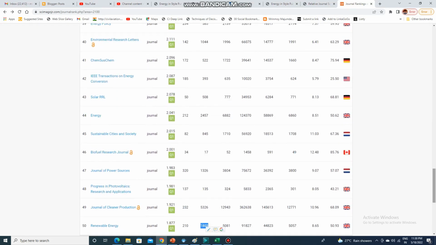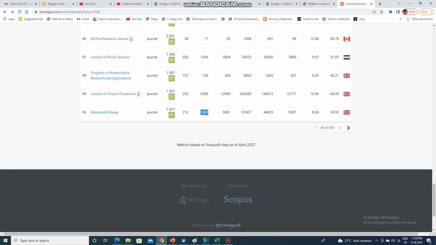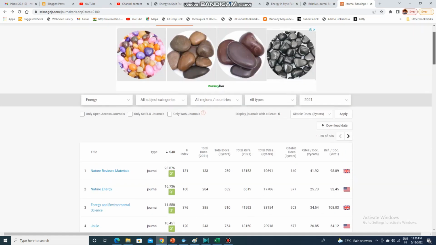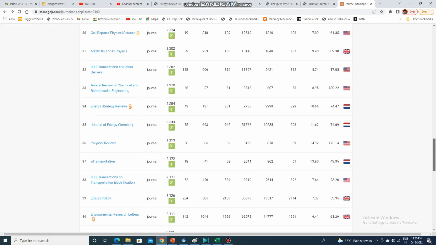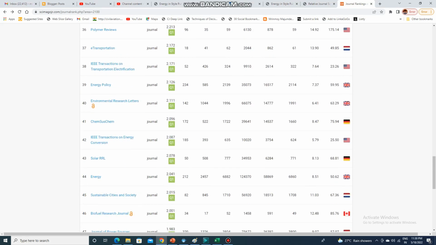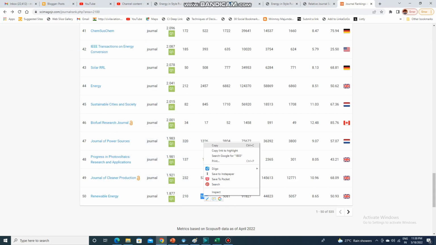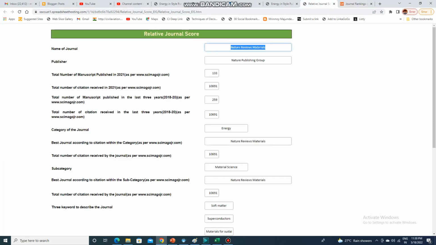So it is due to the very strict review process of the best journal, that is Nature Reviews Materials. But it is from the material science department. It is a journal from material science, and this is a journal from the engineering field. So 1803 is the total number of docs published by Renewable Energy.